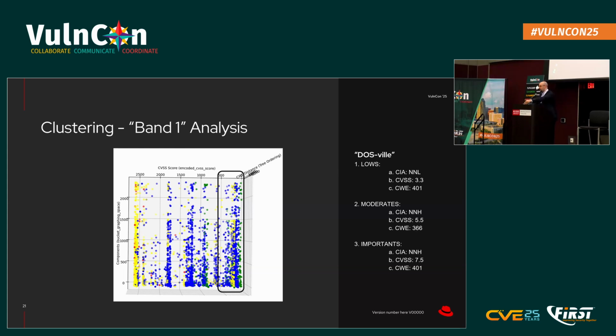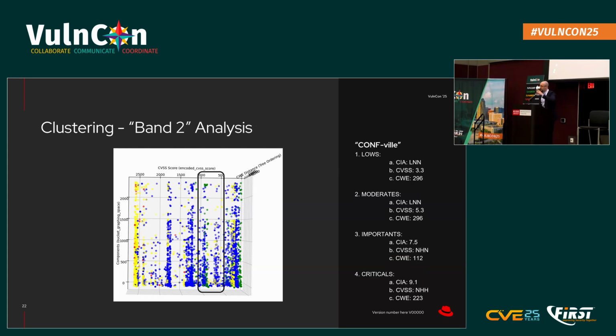So, only availability is impacted. If we look at band 2, configurationville. Similarly, we saw primarily an impact on the confidentiality value of CIA. However, it's low, right? So that tells us that, okay, you're compromising something, but it's probably not very important information. Keep that in mind when we get to band 4.